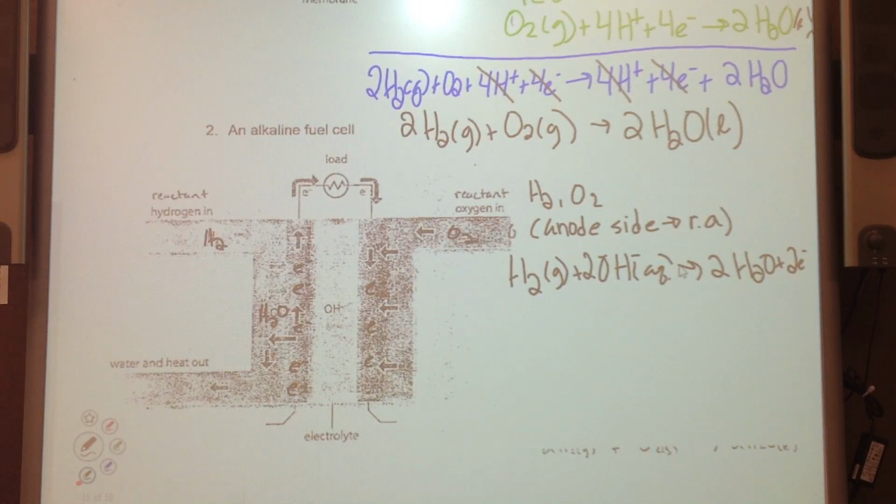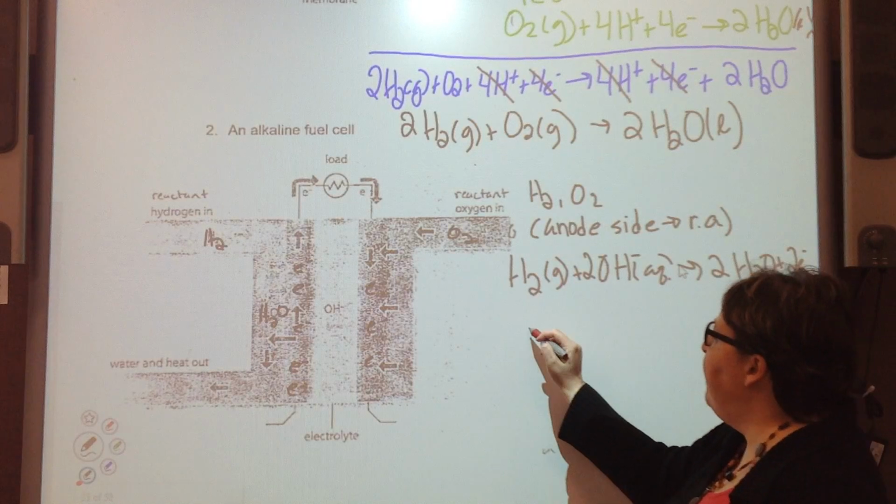That's the reduction side. That's the cathode side. I'm looking for this one. I want you guys to find this one. And one at negative 0.83. Yes. I think so. Negative 0.83. Thank you. Okay.